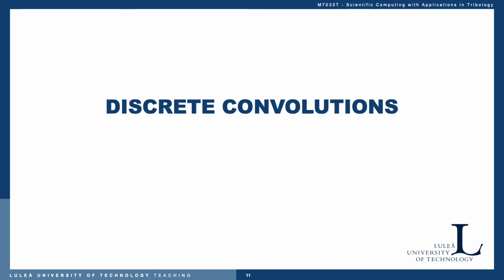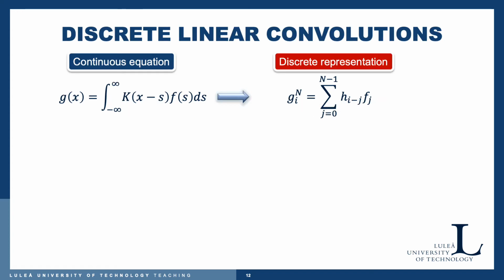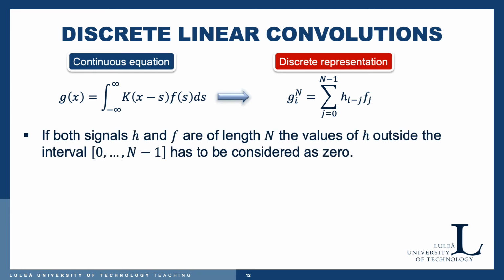Discrete convolutions, what are they? If we have a continuous convolution, we can of course discretize it, and in summation form it looks like this. And if both signals h and f are of length n, the values of h outside the interval 0 to n minus 1 must be considered as 0.